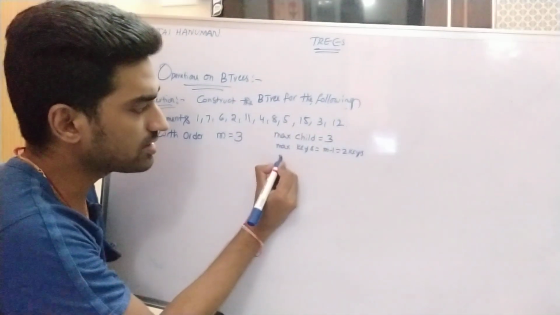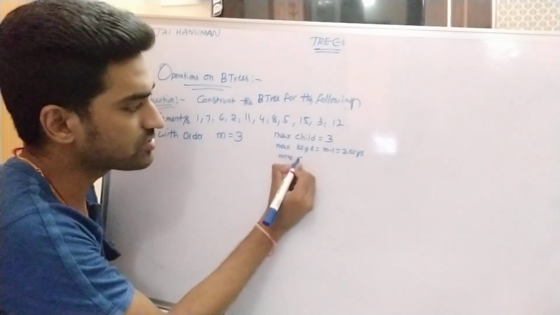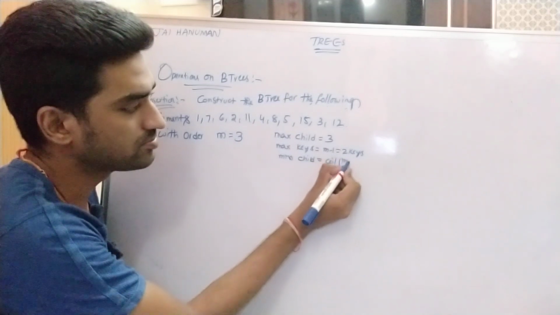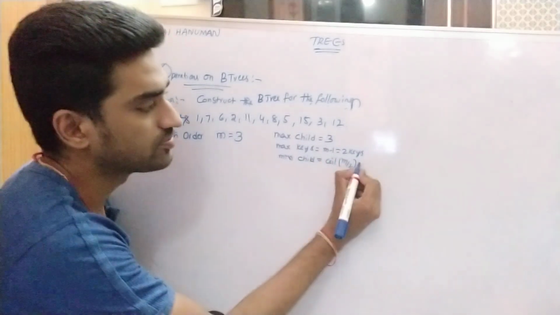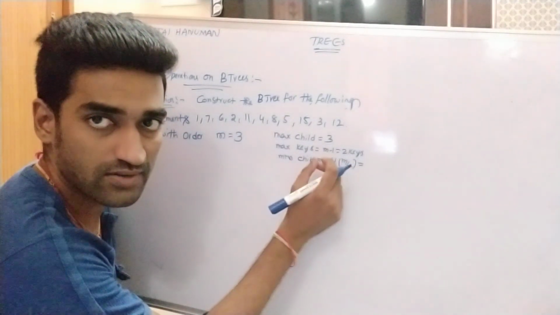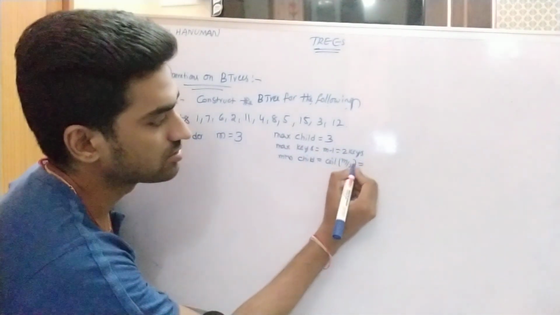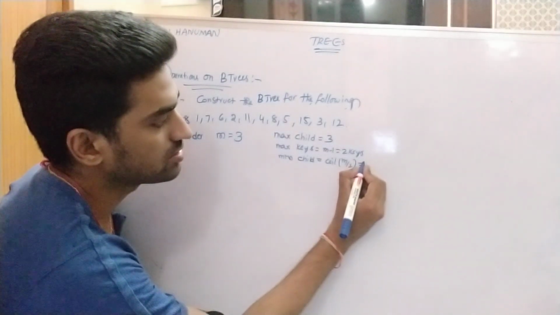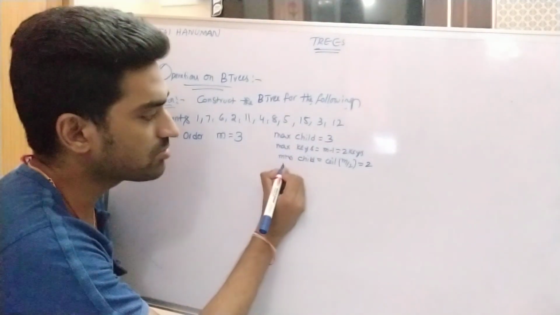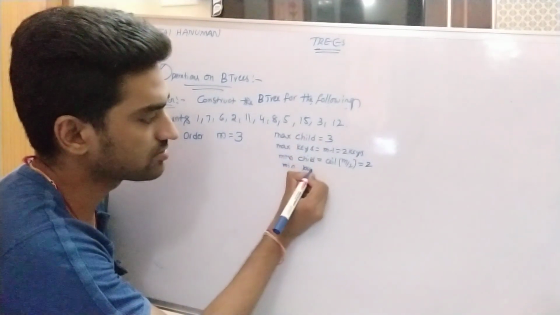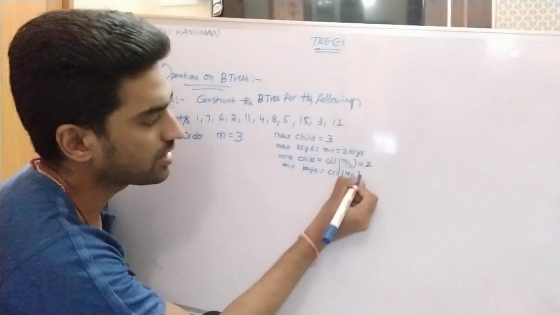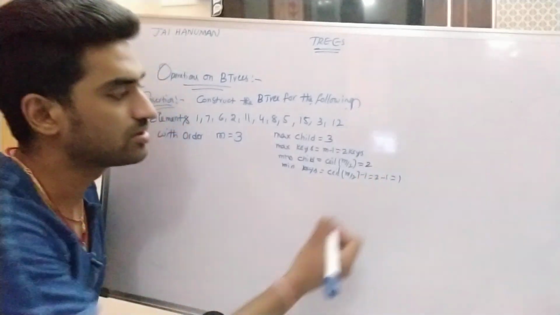Coming to calculating the minimum children: ceil of m by 2, which is equivalent to 3 by 2, which is 1.5. The ceil value of 1.5 is 2. So the minimum keys for each and every node is ceil of m by 2 minus 1, which is 2 minus 1, equivalent to 1.